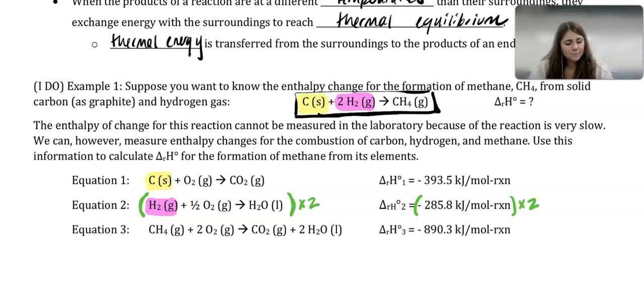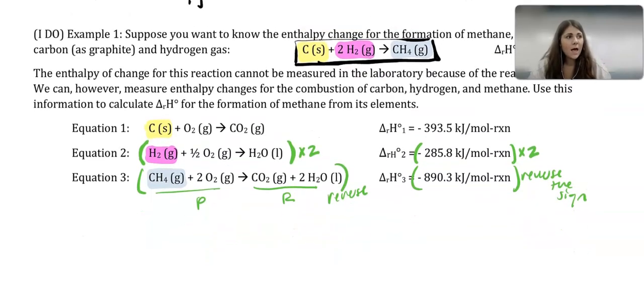Next, I am looking for methane, CH4 gas, as a product. Here I see methane in equation 3, but it ends up being a reactant and I really need it as a product. So here I'm going to actually reverse this entire reaction to make these our reactants and these our products. Because I'm reversing, we are going to need to reverse the sign.